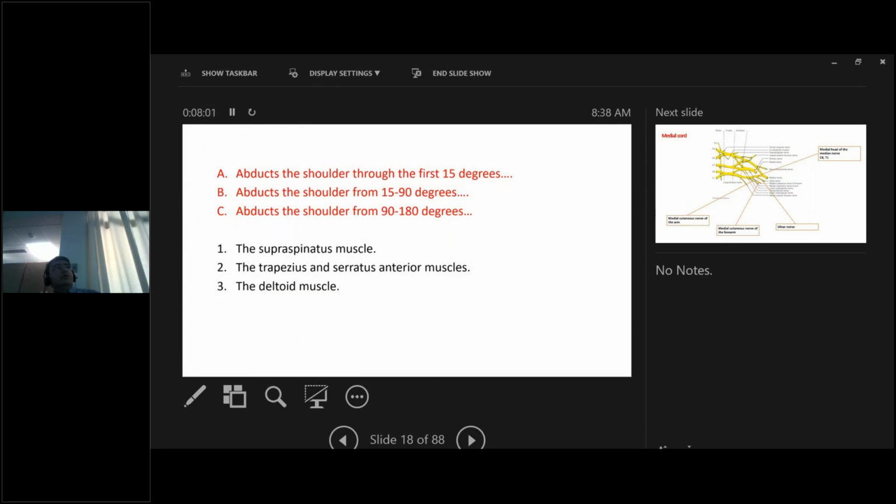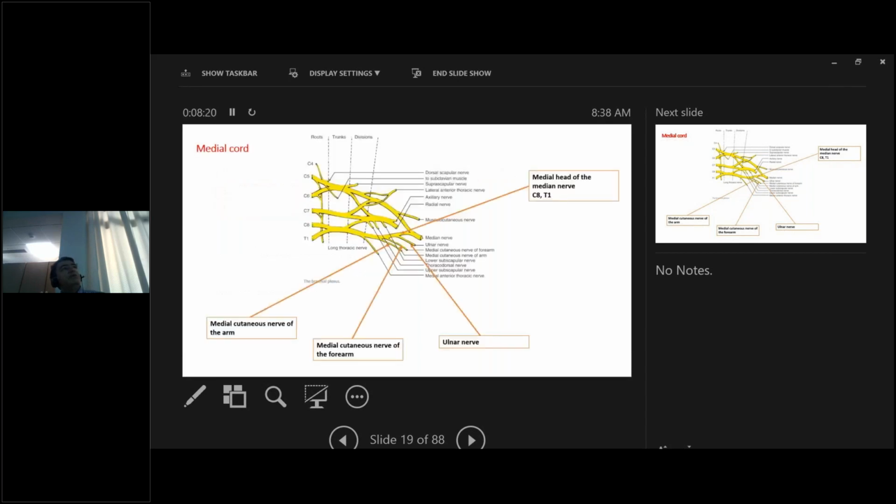Deltoid. No, the supraspinatus muscle does the first 15 degrees. Then the deltoid does 15 to 90, and serratus anterior and trapezius will do above the shoulder. Great. We'll try to move a little bit faster.